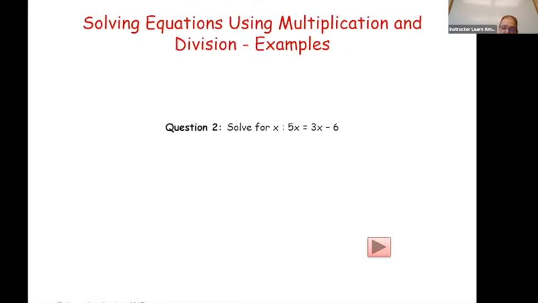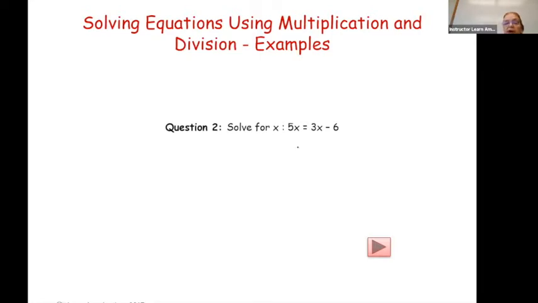Let's take a look at some problems involving solution of equations using multiplication and division. So, for example here, solve for x. 5x equals 3x minus 6. Now, if we want to isolate x, we're going to have to remove the 3x from the right side of the equation.